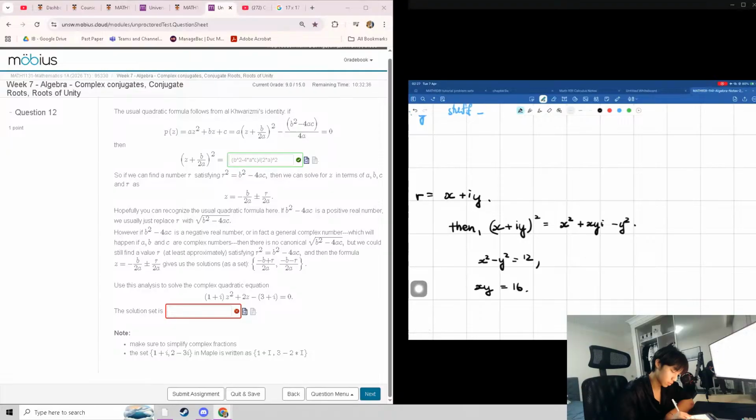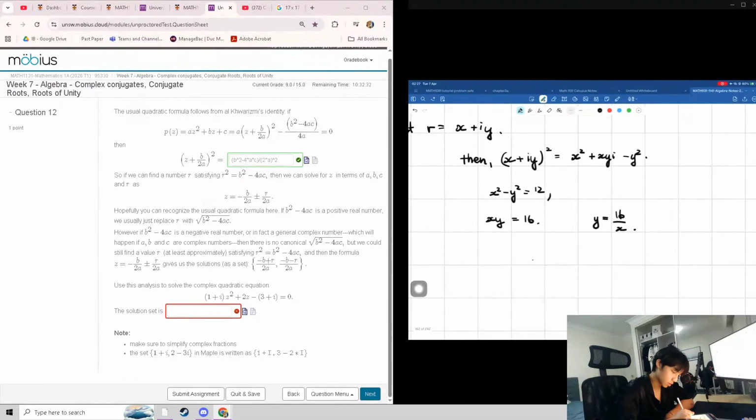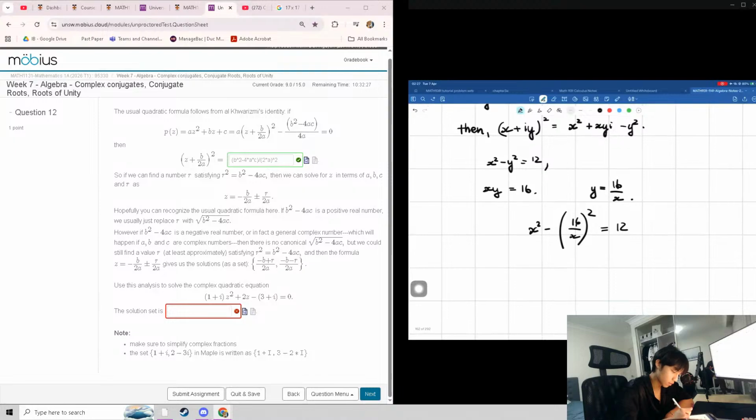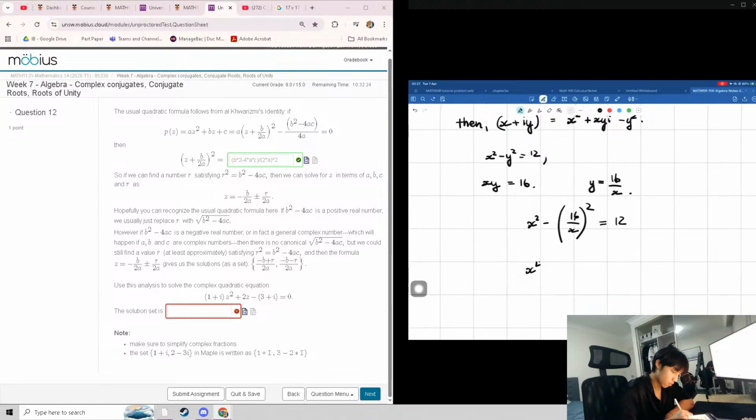Then we compute y is 16 over x. Put x squared minus 16 over x squared is equal to 12. x to the 4 is equal to 16 squared over 12x squared.